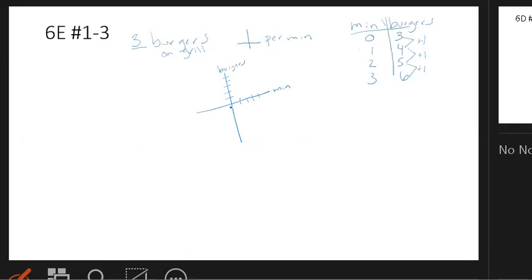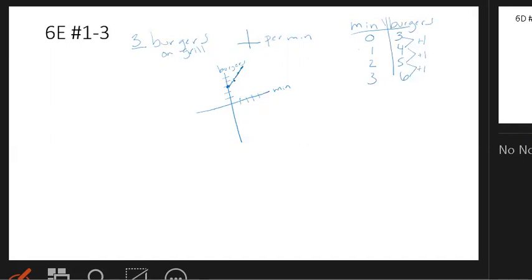So at 0 minutes, we go out 0 minutes, so we're right here. We're going to go up this line, and we're at 3 burgers. So 1, 2, 3. At 1 minute, we're up to 4 burgers. 1, 2, 3, 4. At 2 minutes, we're up to 5 burgers. 3 minutes would be 6.